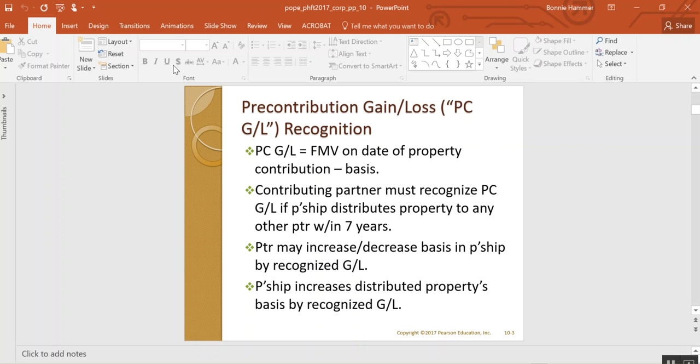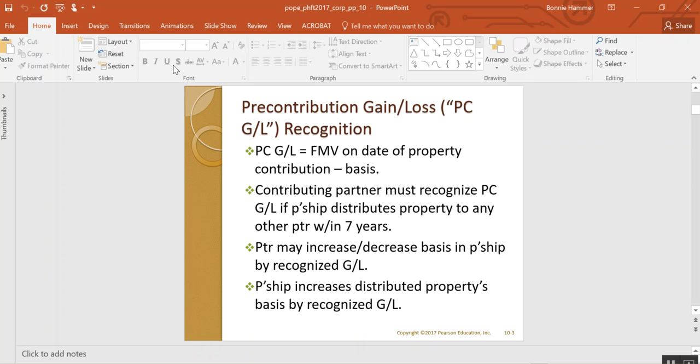The reason he doesn't recognize it is that Section 721 tells you that contributions of property are non-taxable. So you might have a realized gain or loss on the property that you're contributing, because remember, you're giving it up. Normally a disposal of property results in a realization of gain or loss, right? Whatever we get for the property that we give up, minus the basis.